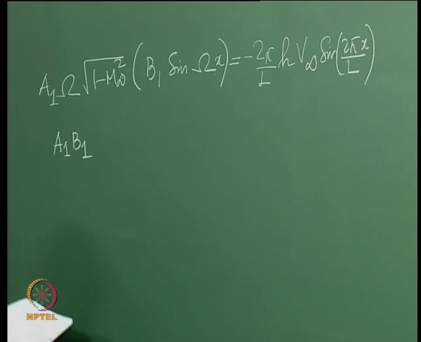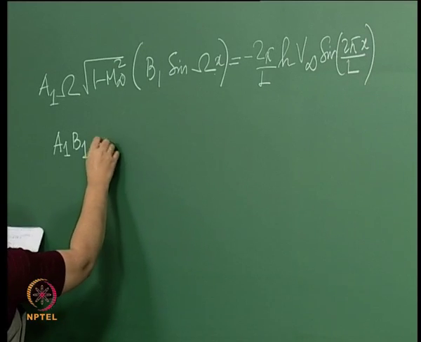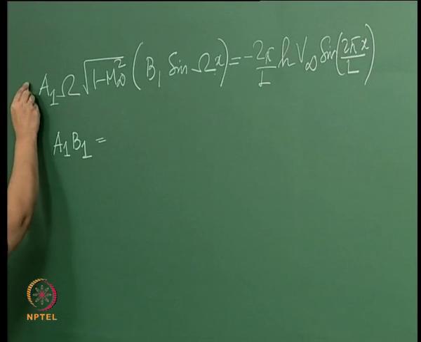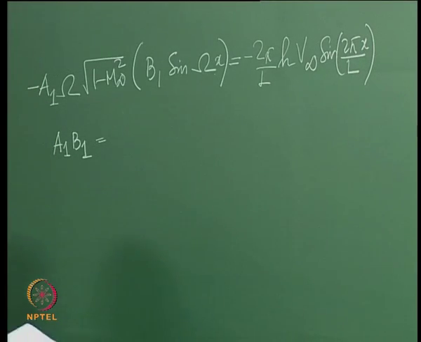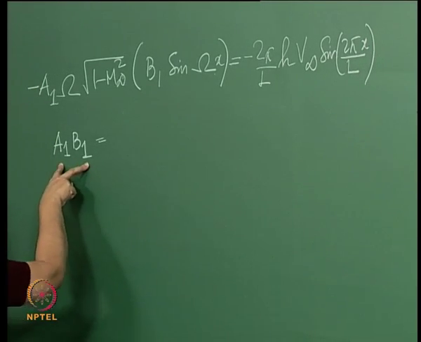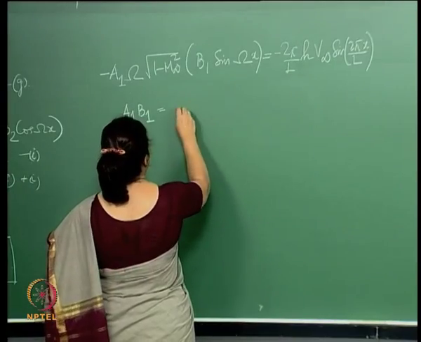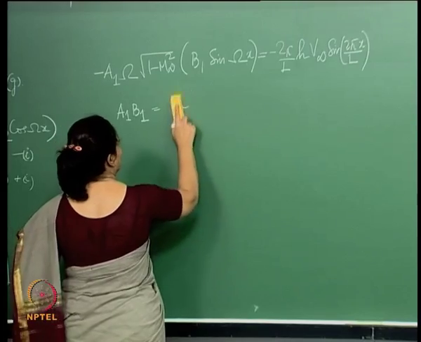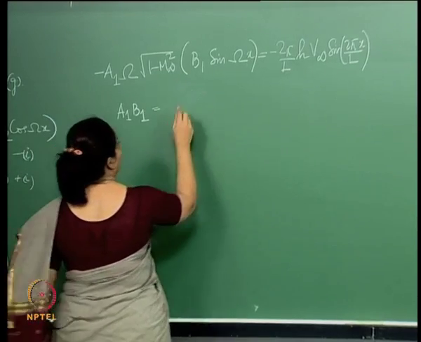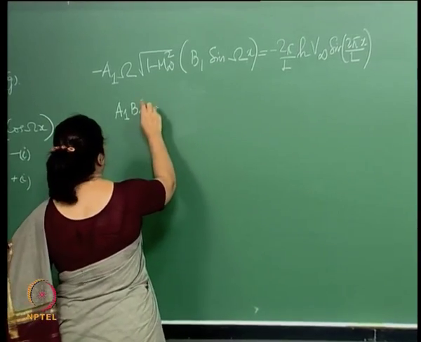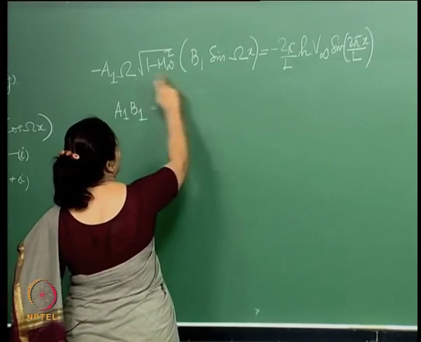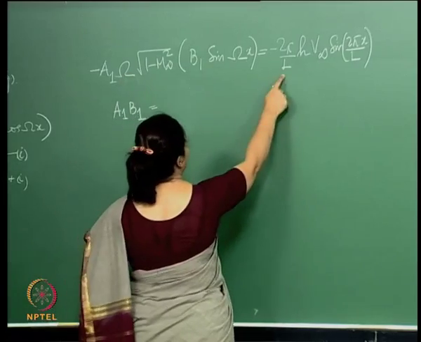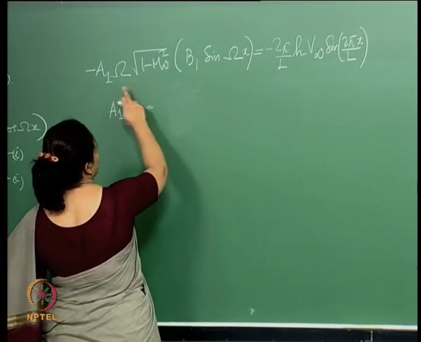So what we get is A1 B1. Sorry, I missed out the negative sign here. So A1 B1 is equal to, with 2 pi by L, and omega is equal to 2 pi by L, so that cancels out.